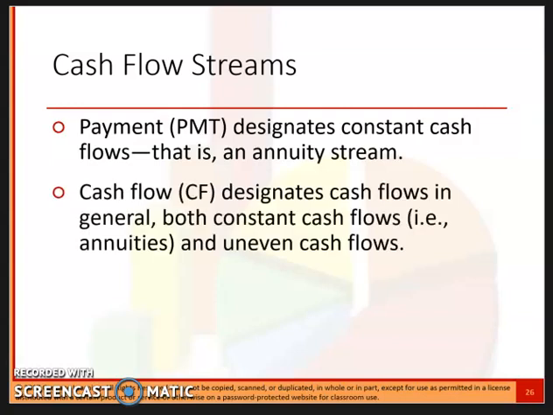Cash flow designates cash flows in general, both constant cash flows and uneven cash flows. So that is the cash flow function. In order to access that, we hit second and CF.